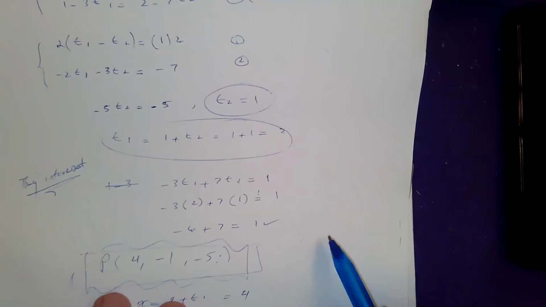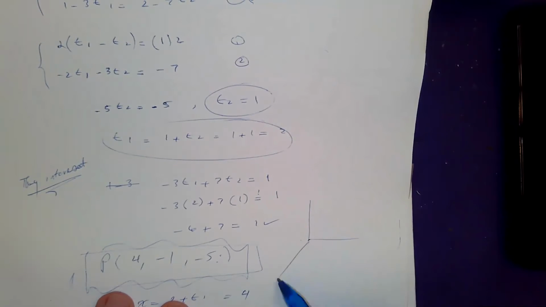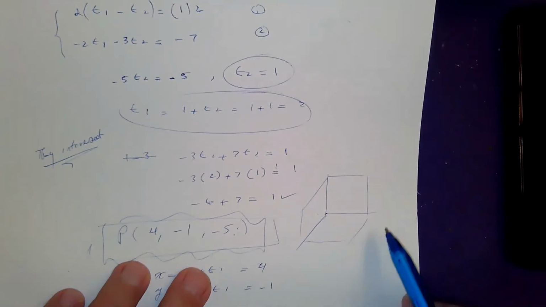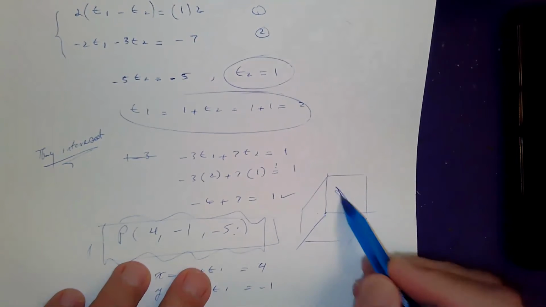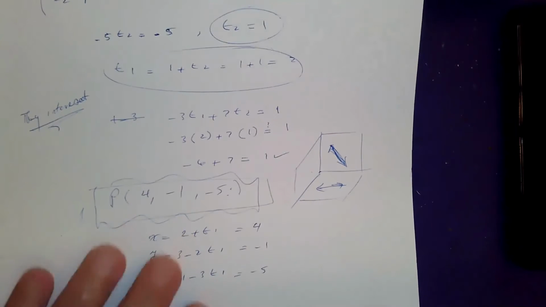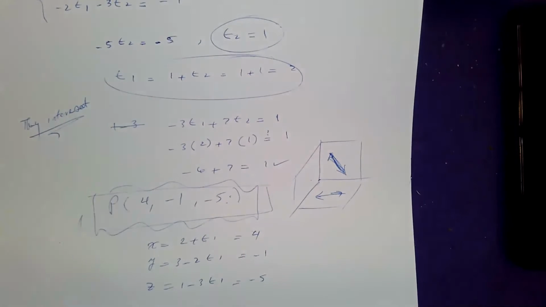You know what I mean by skew, don't you? That's like the corner of the room. These are like the 2 walls, and this is like the floor. One line is right here, the other line might be right here. So those are skew. They cannot be on the same plane. Otherwise, there's a possibility they might cross. Does that make sense?